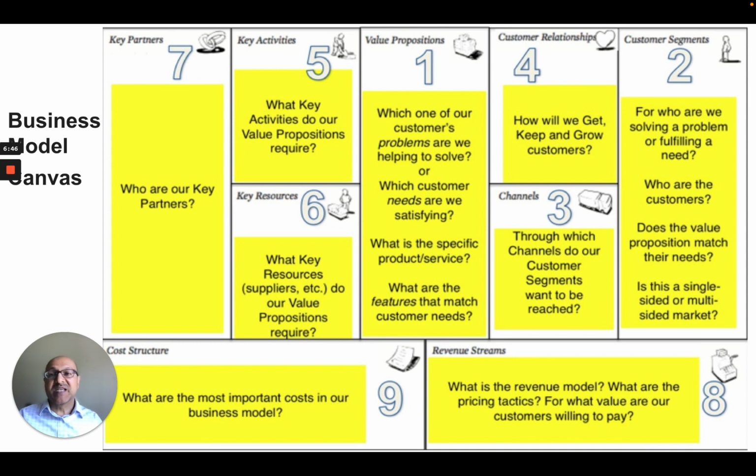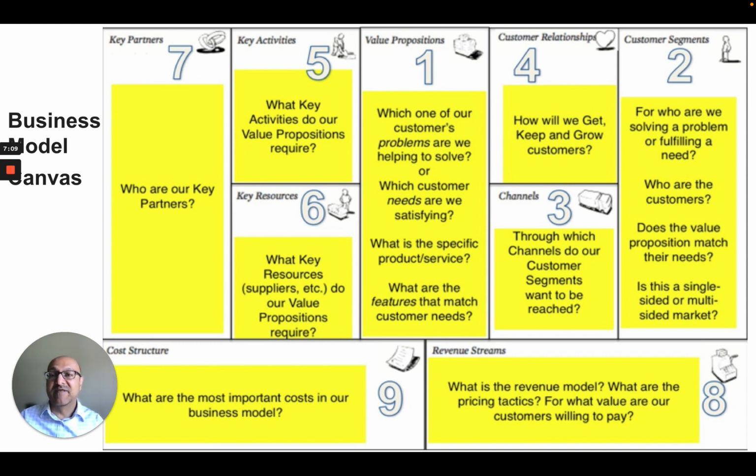Then we move to the left side of the canvas. Let's look at box number 5. What are the key activities that are required for our value propositions to be delivered? 6 talks about what are key resources, suppliers, vendors, alliances, or strategic partners that our value propositions require.